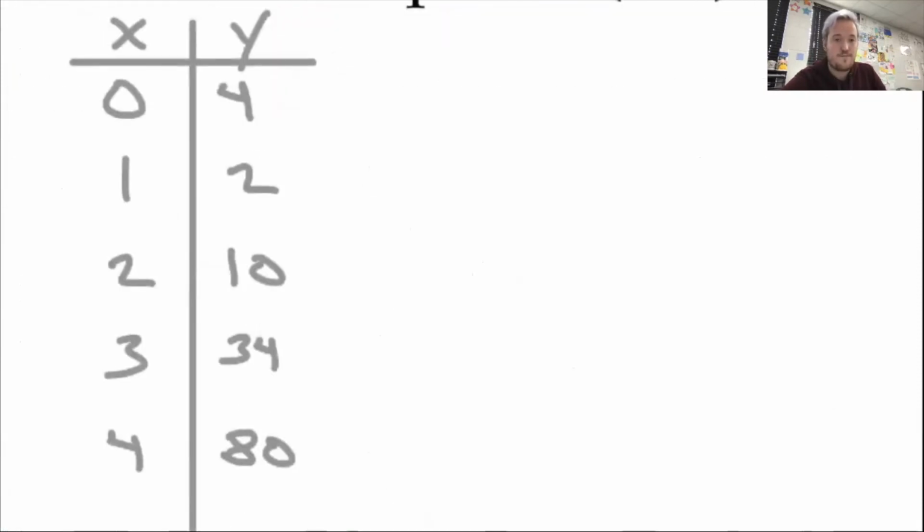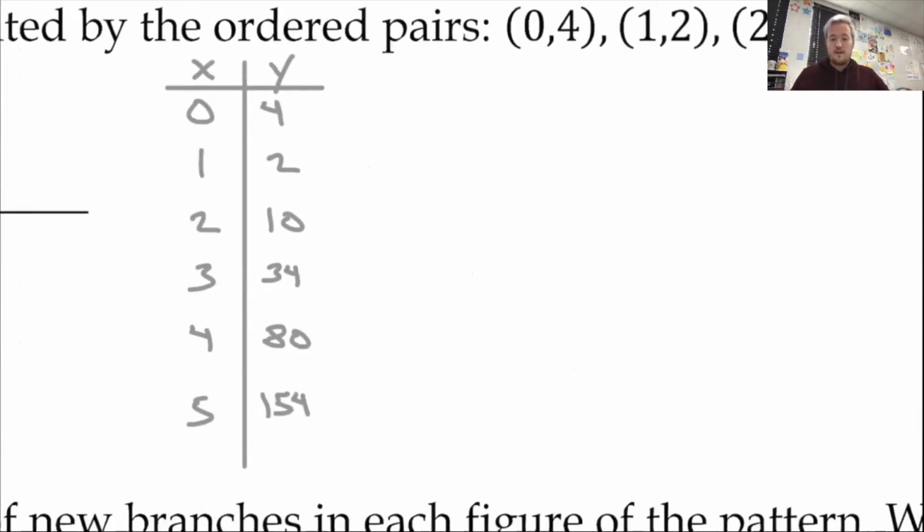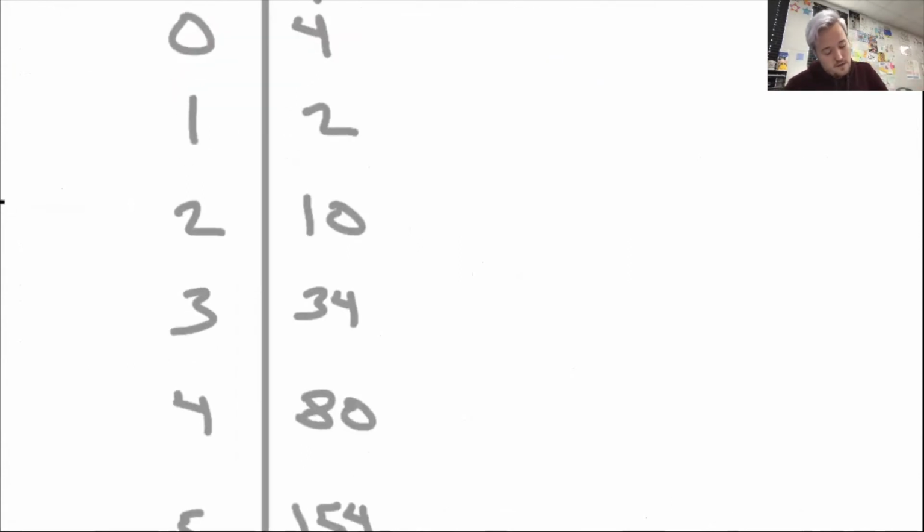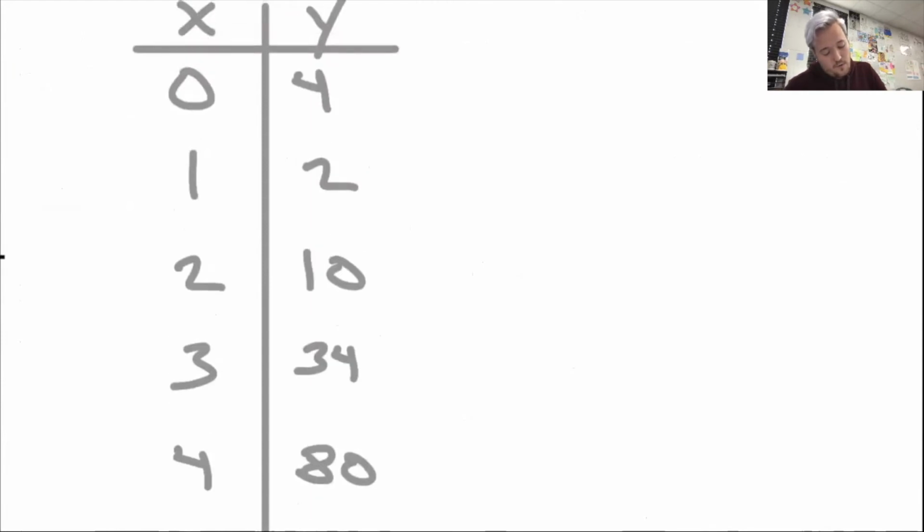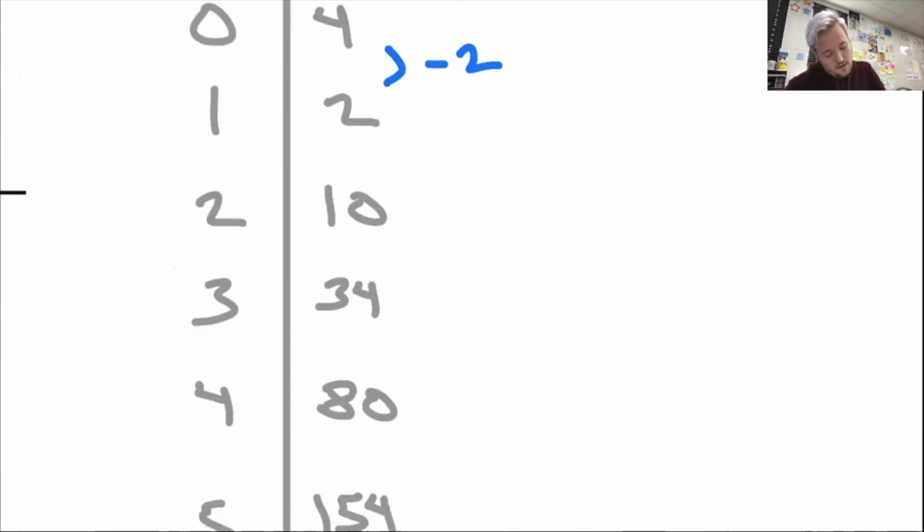Yes, okay. So once again, I'm just going to do all the differences here on the table, and then I'll do the regression on the side. All right, so to go from 4 to 2, that is -2. To go from 2 to 10, it's +8, then +24.